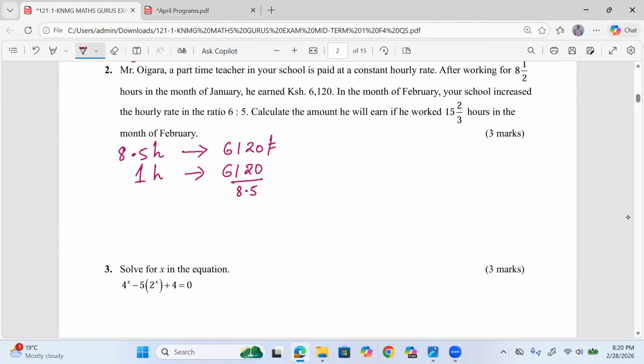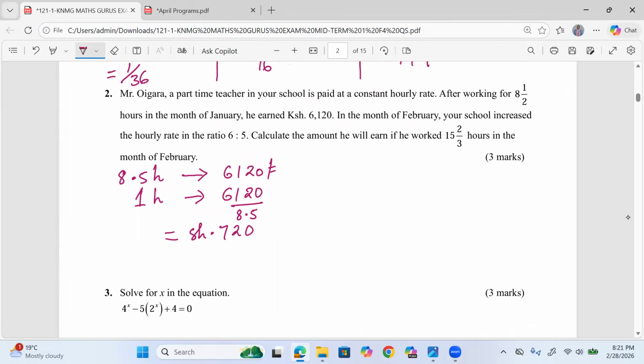Therefore, per hour it shall be 6120 out of 8.5. We get 720 Kenya shillings. So this guy is being paid 720 Kenya shillings per hour.